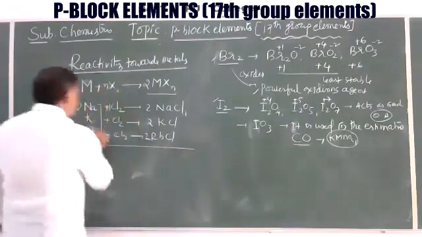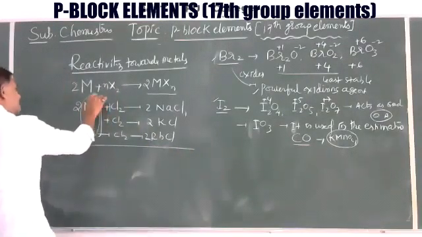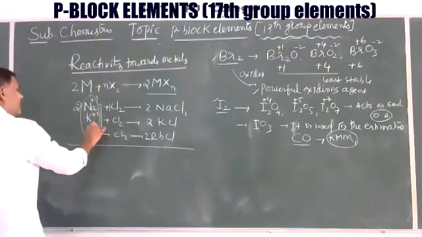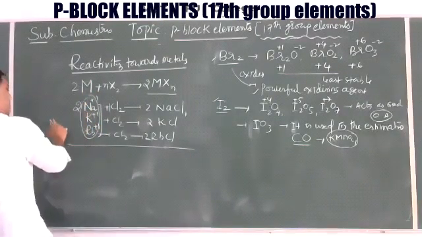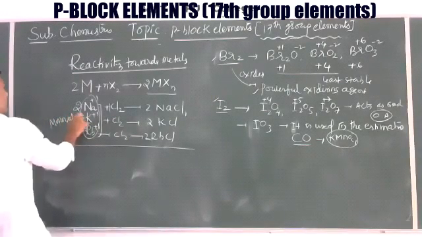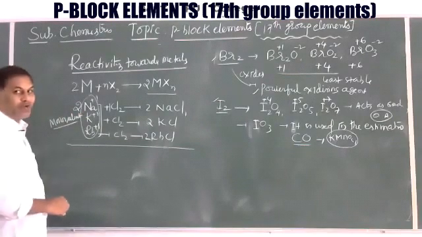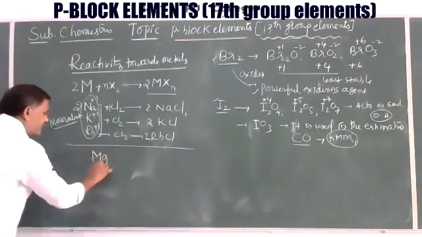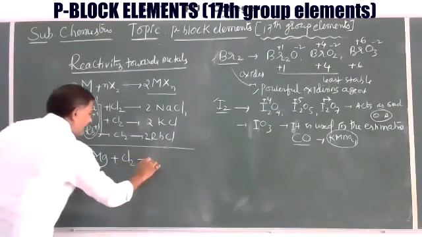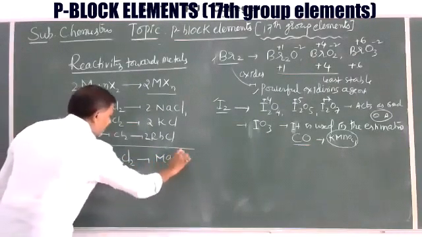All these are monovalent: valence is plus 1, combining capacity is 1, and they exhibit the plus 1 oxidation state. These are the monovalent alkali metals. For bivalent or divalent metals, magnesium combines with Cl2 to give magnesium chloride, MgCl2.